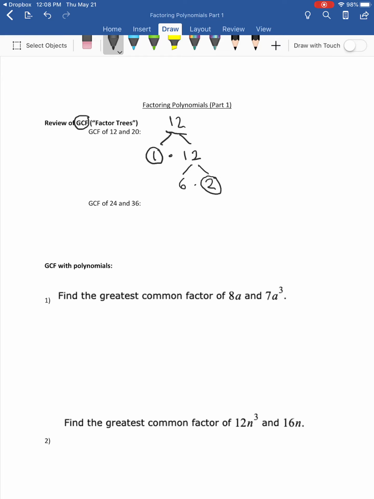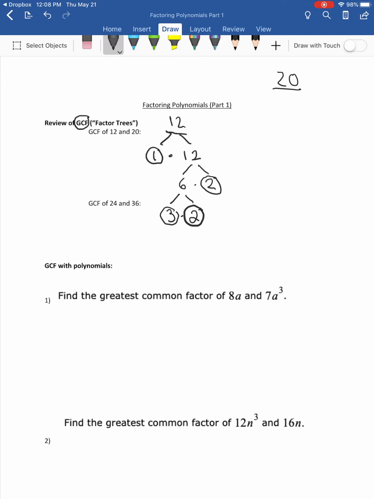The 6 I can make from 3 times 2, okay? And both 3 and 2 are primes as well, so I'm going to circle those. We did a factor tree for 12. Now we're going to do one for 20. Let's do this up here so we have more room.